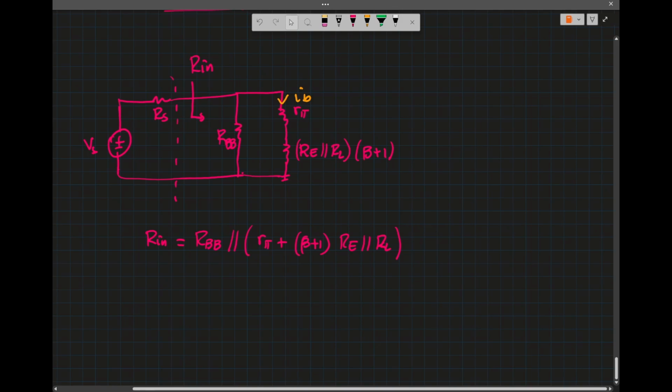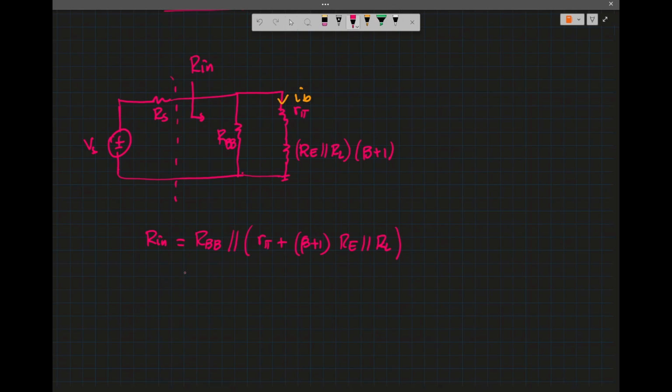Okay, so I calculated that, and that gives me 3.934 times 10 to the 3 ohms, I mean 3.934 kilo.